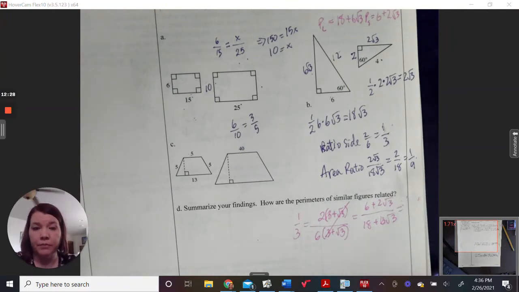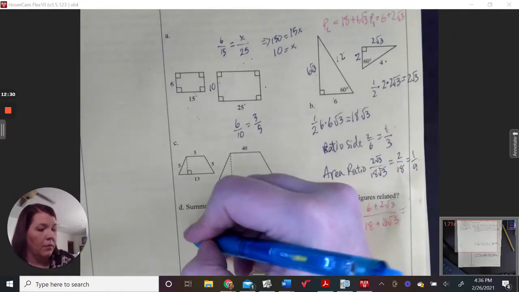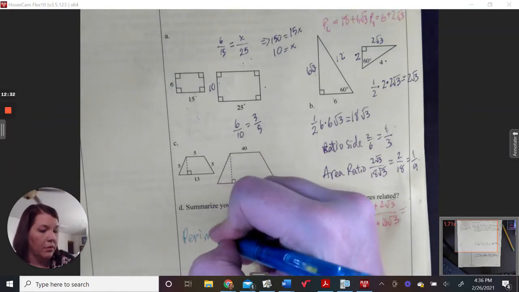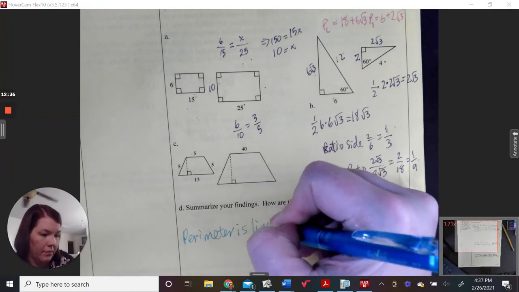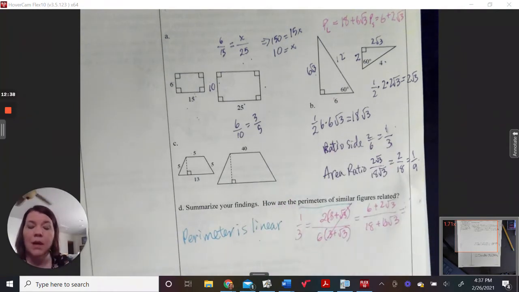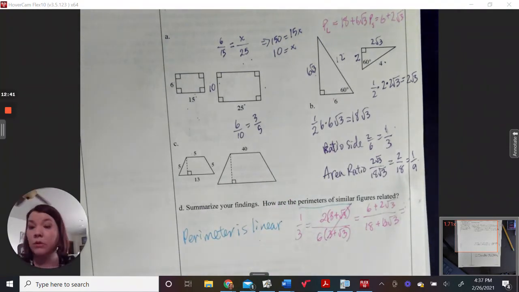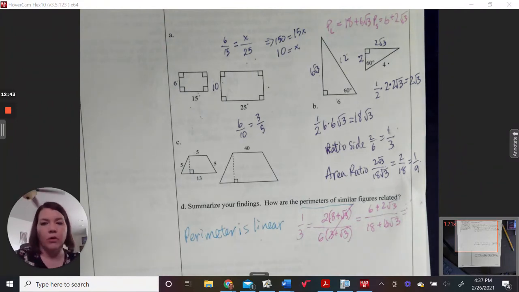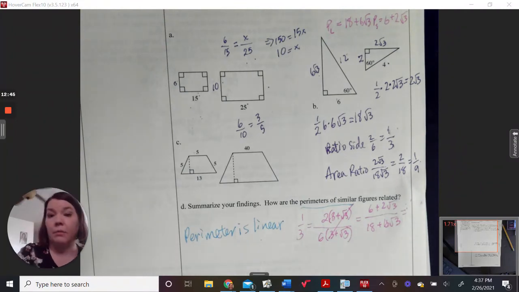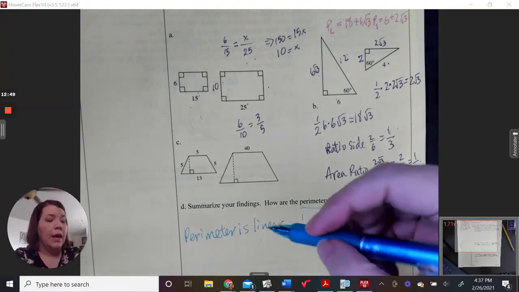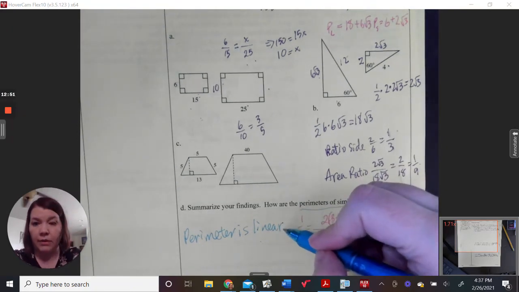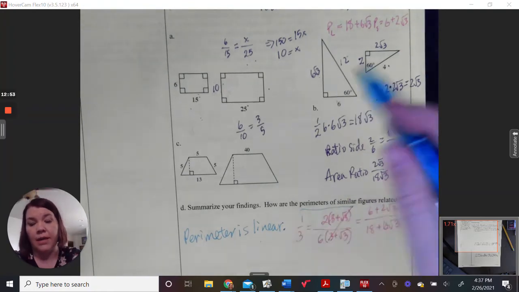Perimeter is linear units, and therefore has the same scale factor as the side. And since we're just adding, the scale factor is going to stay constant. Does that make sense? Okay.